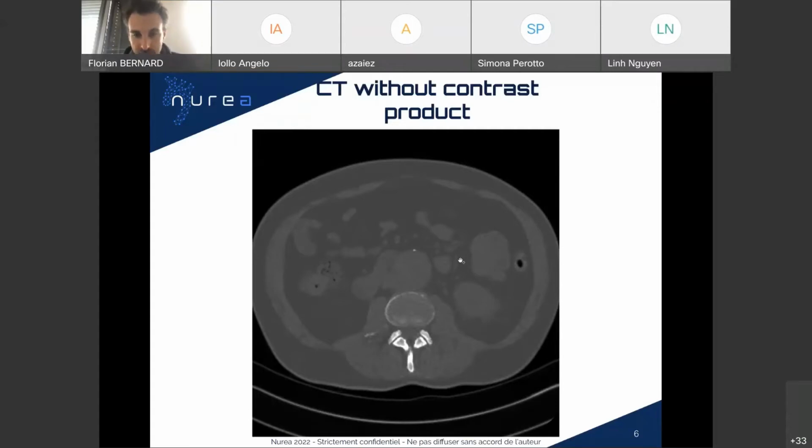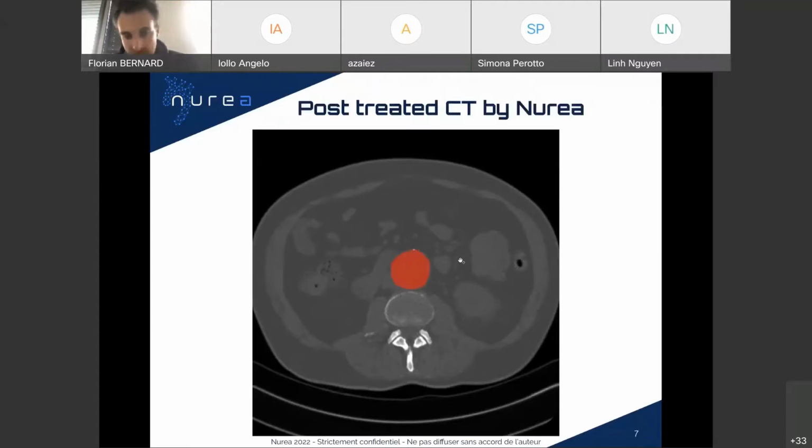And here, as you can see, it's even more challenging to identify where are the arteries and take the measurements accurately. And here in red, that's the aorta. And on this kind of image, we cannot distinguish lumen and thrombus because everything appears exactly the same.